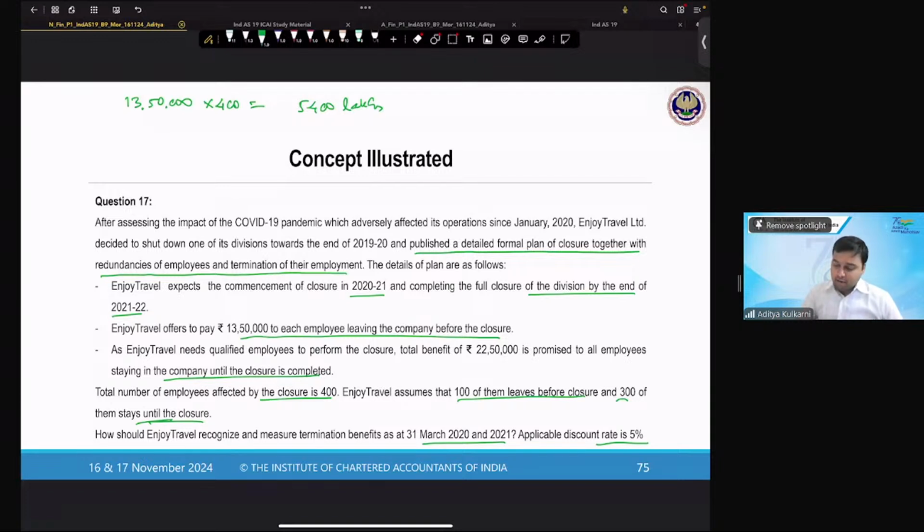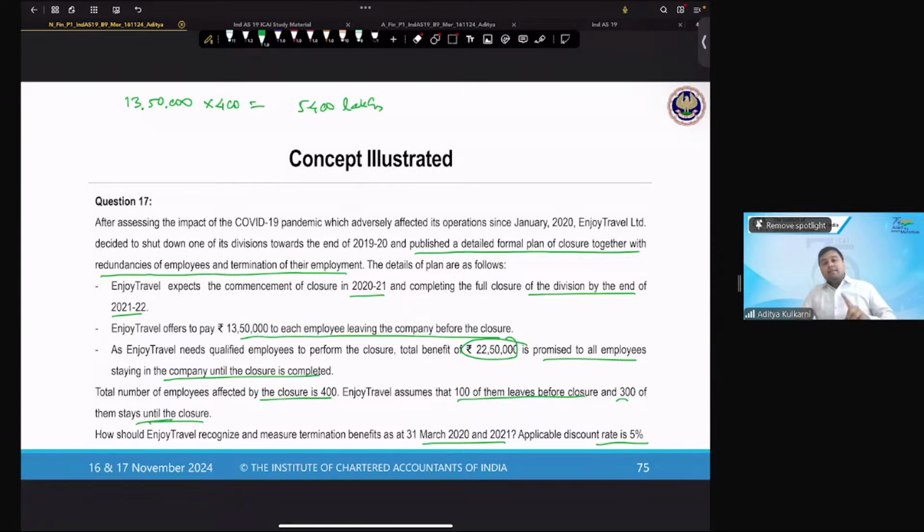These 300 employees are getting 22,50,000 rupees. Are you able to follow? Yes, sir. यहाँ दिया है ना, 22,50,000 promised to all employees staying until the closure is completed. So therefore, they are getting 9 lakhs extra. Are you able to follow?